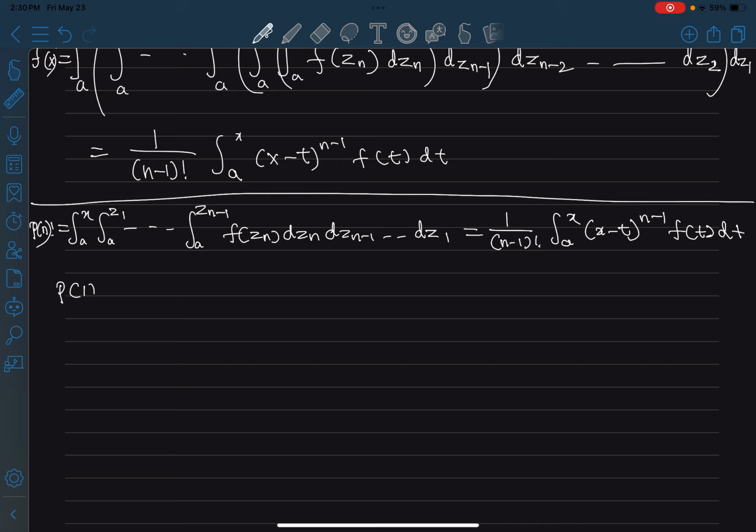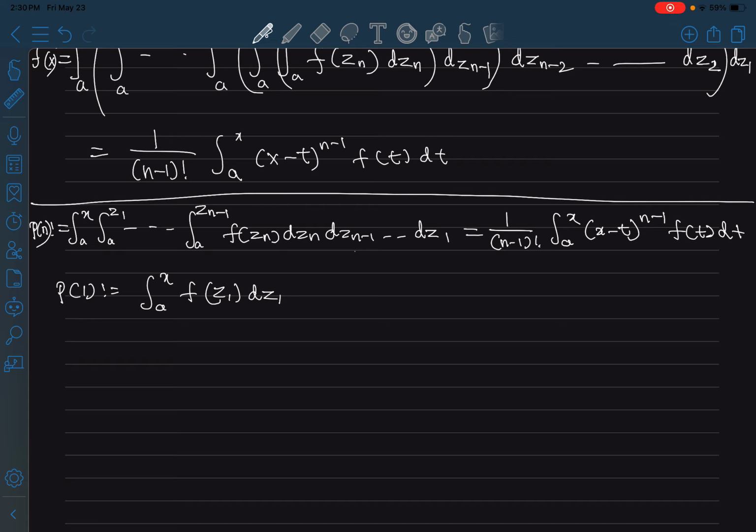So P of 1, if I need to prove this, it just means that, okay, so now over here, notice that this integral is up to g sub n minus 1, right? So n is 1, that means it's up to g sub 0. So g sub 0 is actually just x. So over here, a to x, and then over here, g sub n, so that will just be g sub 1 in this case, and then dz1, just dz1, right?